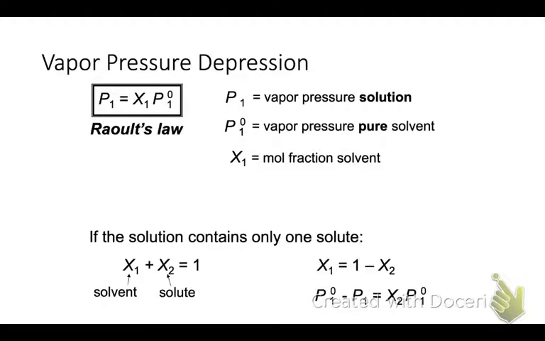So you can also calculate the mole fraction of the solvent by subtracting the mole fraction of the solute from 1. The difference in vapor pressure, which is how much depression happens, is the vapor pressure of the pure solvent minus the new vapor pressure. That difference equals the mole fraction of the solute times the original vapor pressure of the pure solvent.